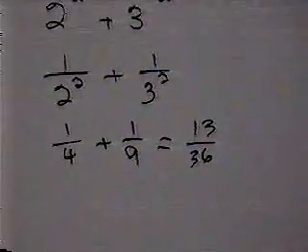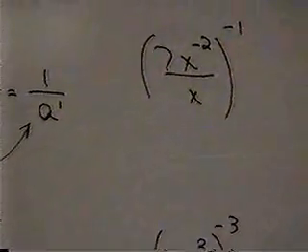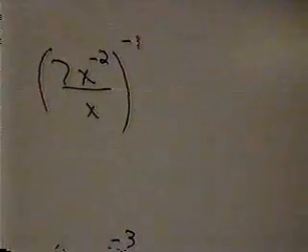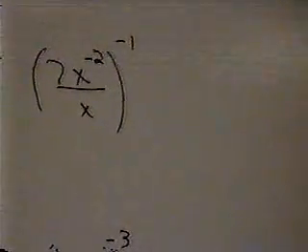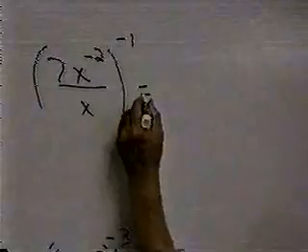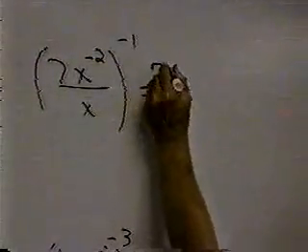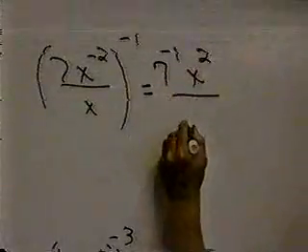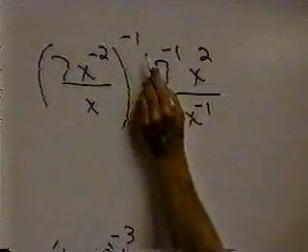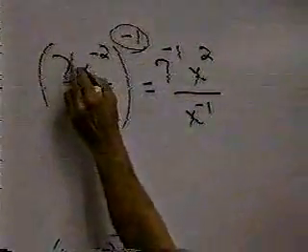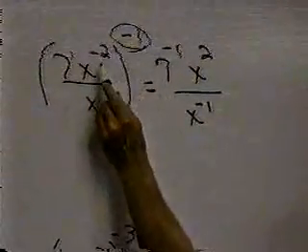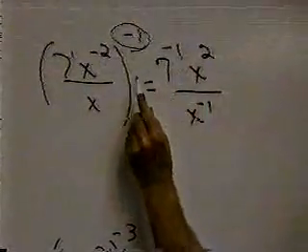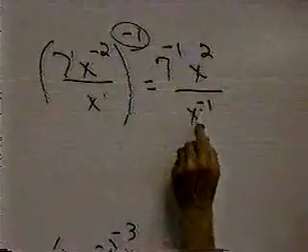Okay, next example. All right, what's the rule here? Multiply powers. So this is 7 times a minus 1, x times a plus 2, and x times a minus 1. Multiplying a minus 1 times a 1, a minus 1 times a minus 2, plus 2, a minus 1 times a 1 is a minus 1.